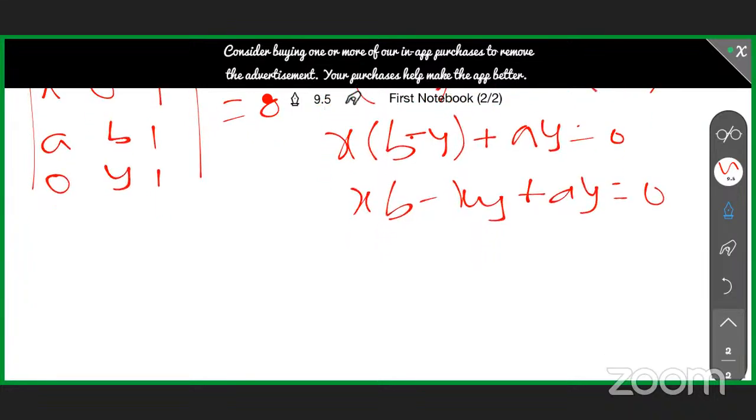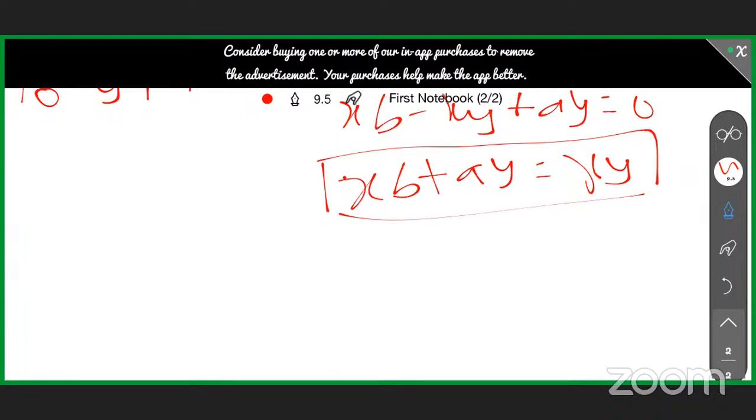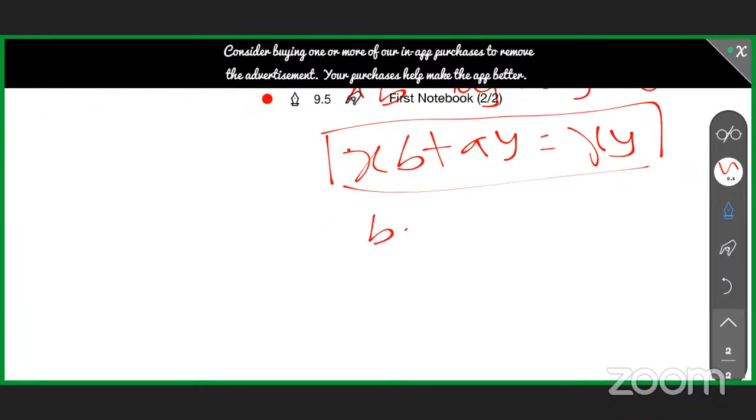That will be xb plus ay is equal to xy. If you want to simplify much more, you can make it as b by y plus a by x is equal to 1.